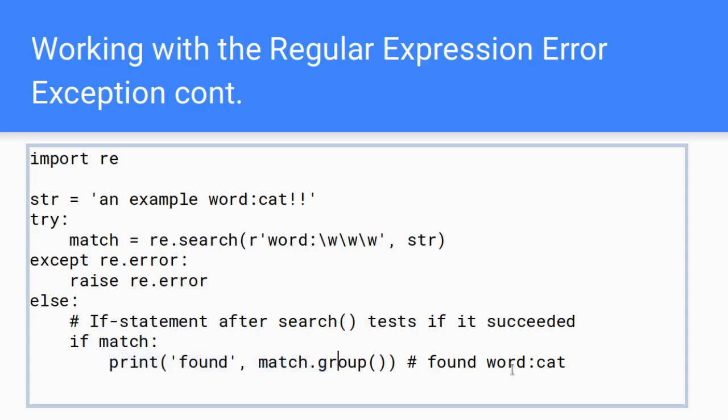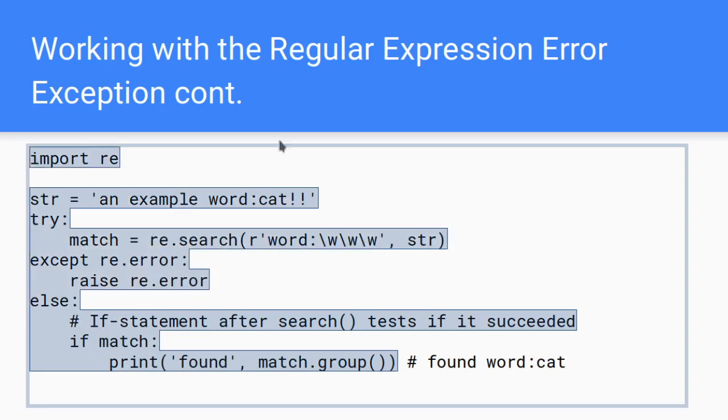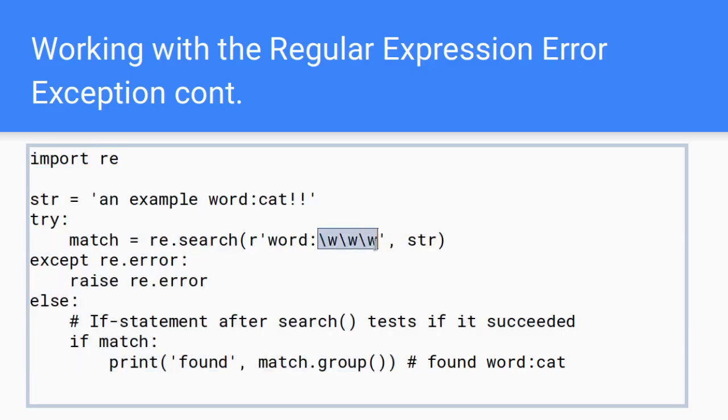Let's try this code and see what happens. So it found the word cat. Right, 3 letters. Word letters, just letters.